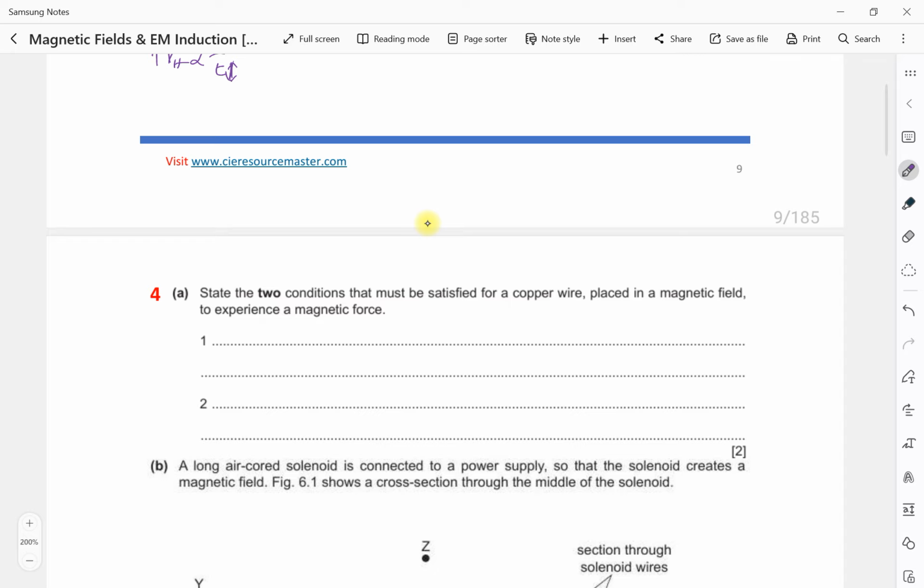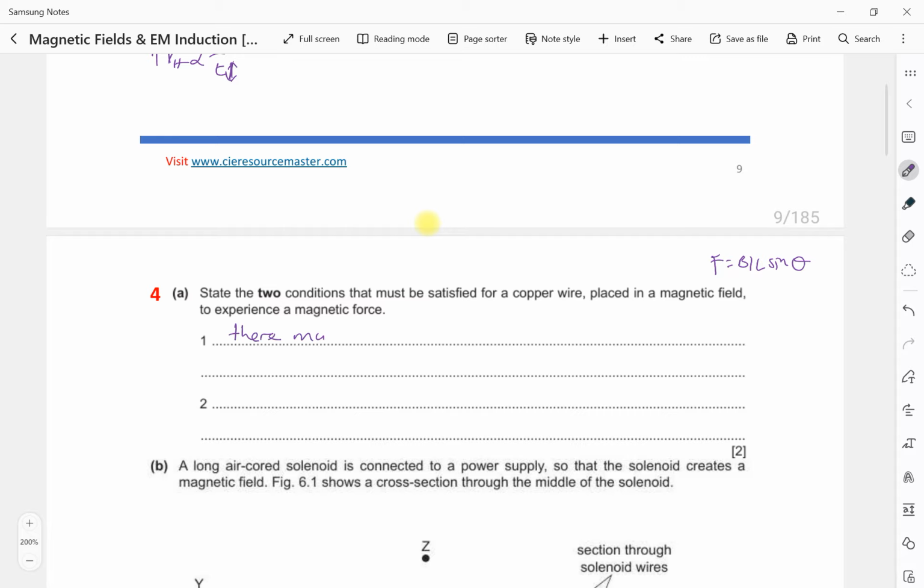For us to have a force, remember the force equals BIL sine theta. So sine theta should not be 0, which means theta cannot be 0. In other words, the current cannot be parallel to the magnetic field, because B sine theta is the component of the magnetic field which is perpendicular to the wire, or perpendicular to the current. So one, there must be a current flowing in the wire.